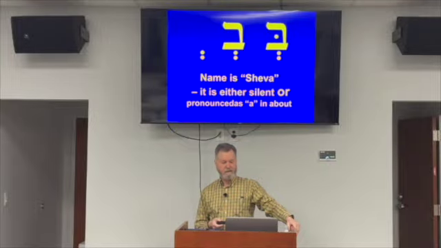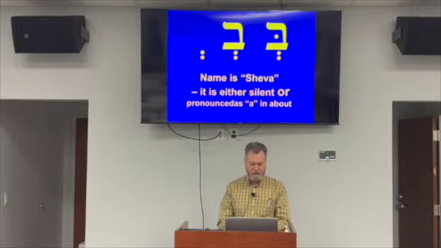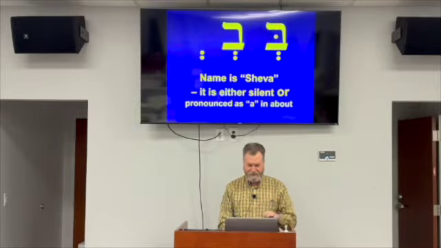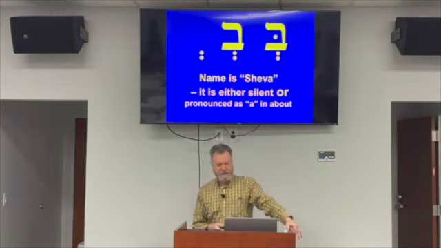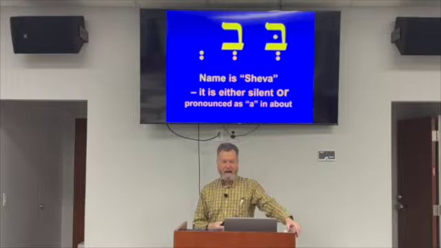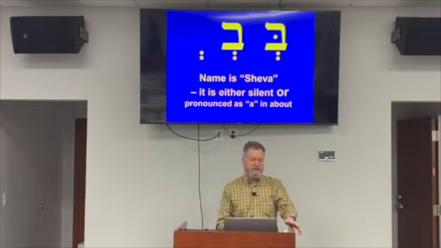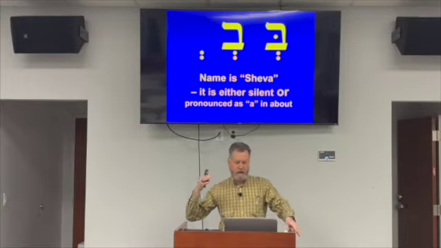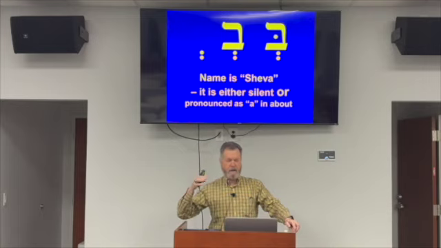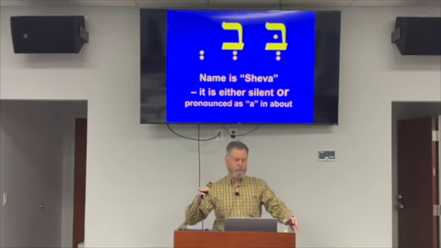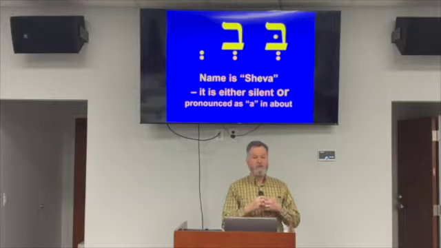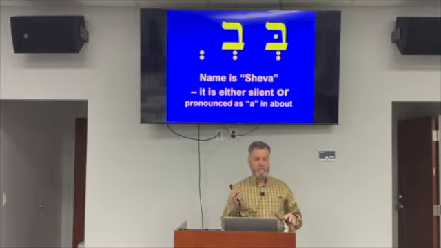What are you laughing at? Pronounce it thus. Oh, pronounce cetus? All right. Okay. Pronounced as A in about. And some people, I think the English grammatical term schwa may well come from shavah.